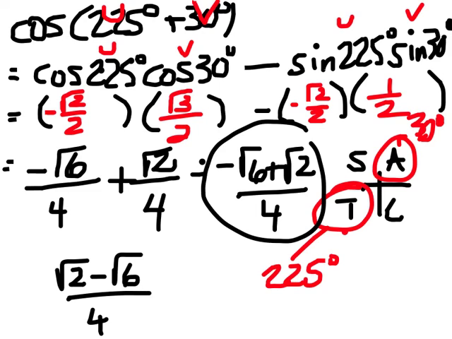That negative square root of 6 could be a subtract square root of 6 if I listed it second, and I still have a positive square root of 2. We have to remember that the operation sign can also be the sign of the number. They might write it this way just because a lot of times mathematicians don't like to write negatives out front if they can help it. They're picky that way.